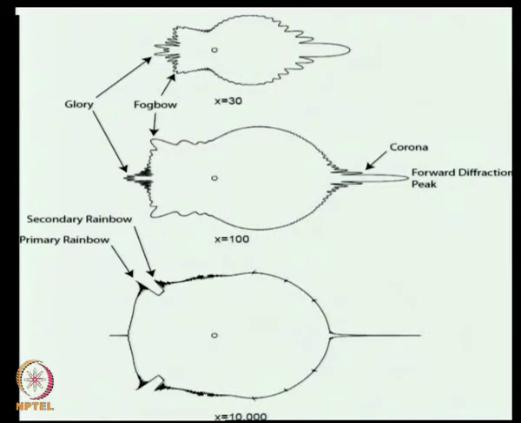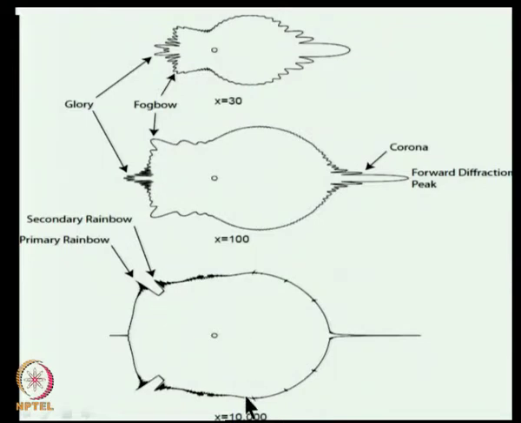Now, the same thing is shown in a polar diagram, and this is the size parameter 2 pi r by lambda, and you can clearly see that there is backward scattering here, forward scattering here, which leads to phenomena such as corona and glory.